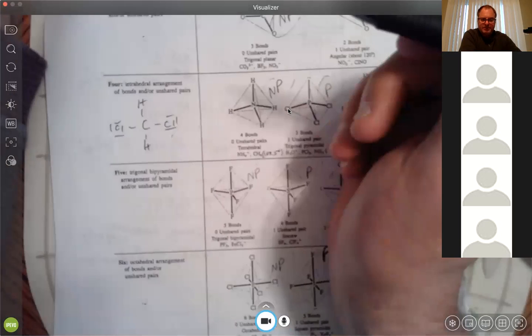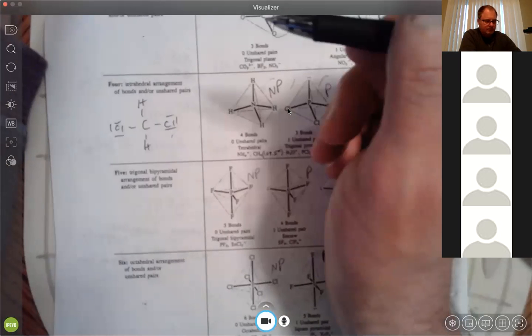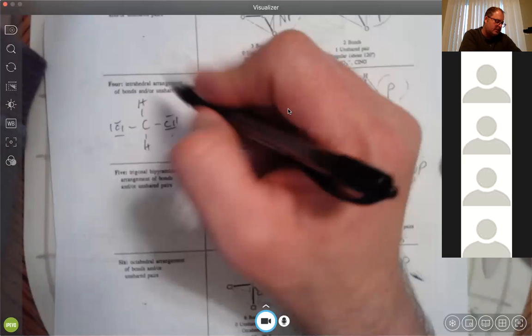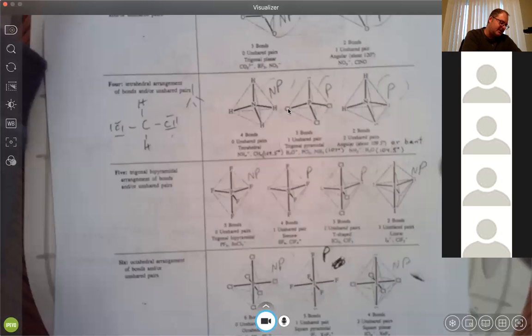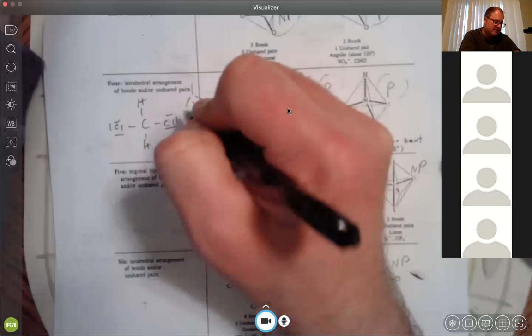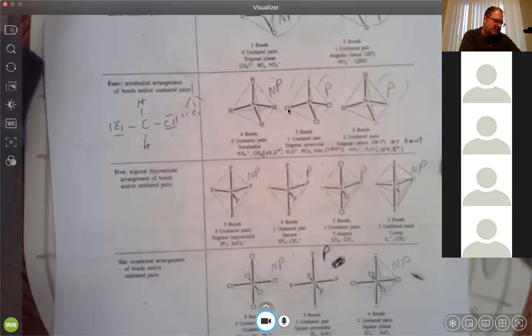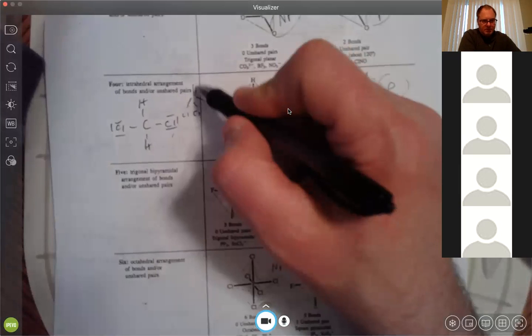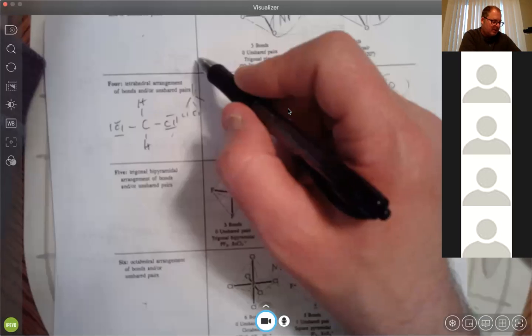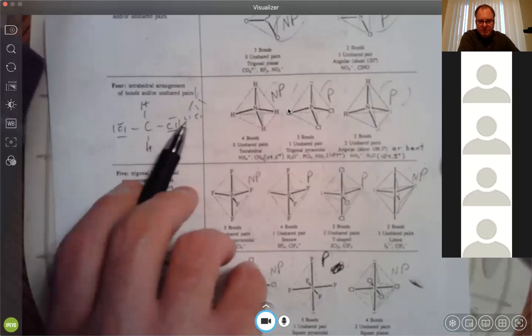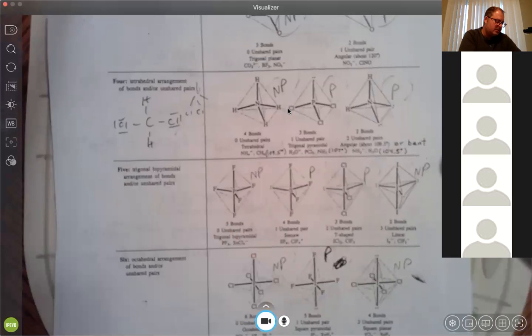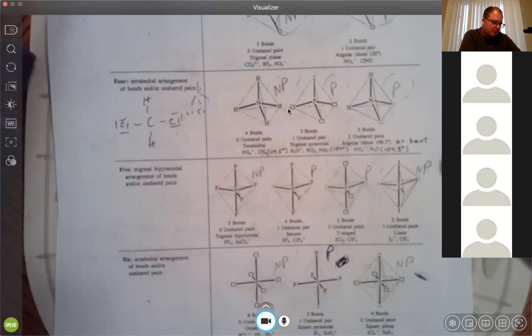Four bonds, 0 unshared pairs. Tetrahedral, right? So remember that it actually is like that. Let's say that these two things right here are the Cl. Is there any pull in this direction? No. So this would be a polar molecule. Even though it looks like these two cancel out, we have to imagine this as a three-dimensional shape. So this would be polar.